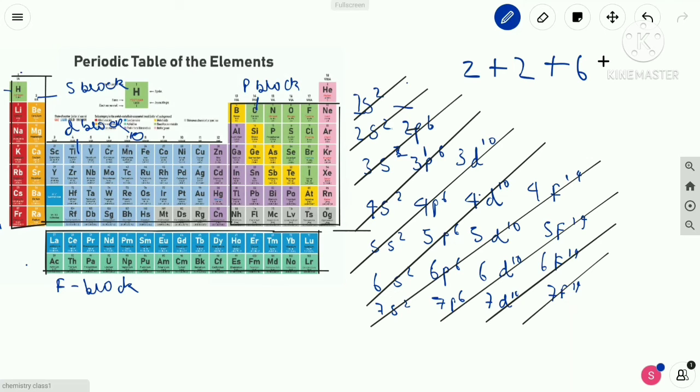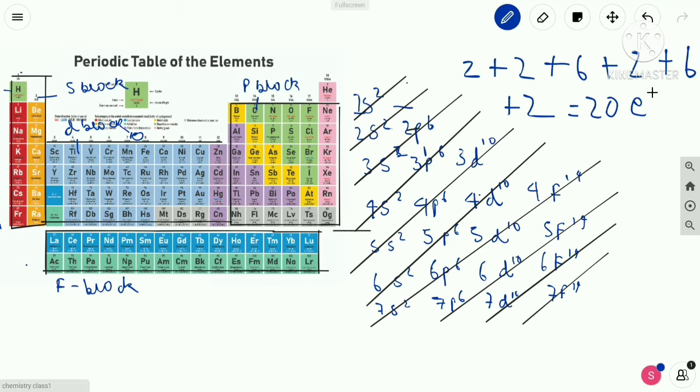So next one is 3s2, which is 2. 1s2, 2s2, 2p6, 3s2, 3p6. This is 6 electrons, and 3s2, which is 2 electrons. So 2 plus 2 plus 6 is 10, plus 2 plus 2 plus 6, which is equal to 20 electrons.